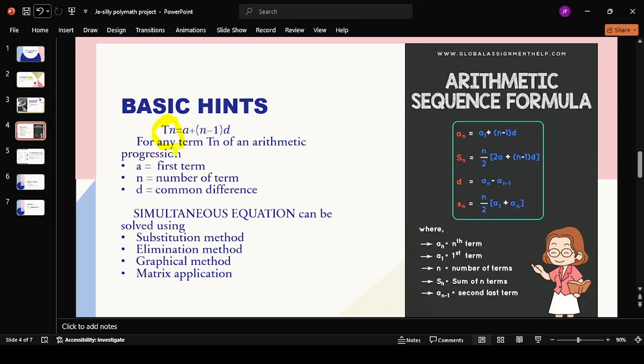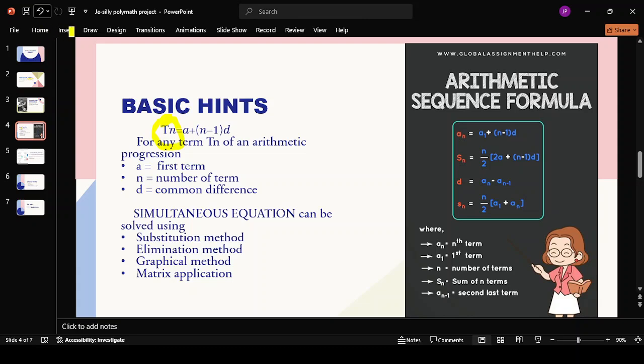So for any term, which is Tn, of an arithmetic progression, a stands for first term, n stands for the number of terms, and d stands for what we call the common difference. Someone who's familiar with sequence would already know what these things are. So if this is the formula for any term in an arithmetic progression, I do suggest that you have it at the back of your mind before any other thing.